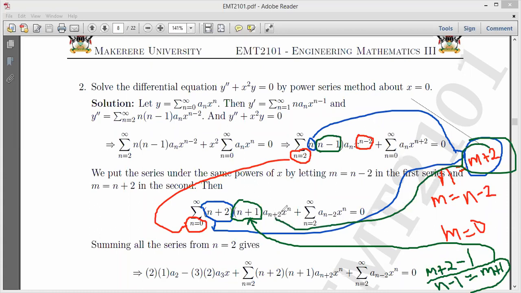Remember the m, you will substitute it back into n. That gives you this capacity here. And then you have the n, but remember the n is m plus 2, which is this one. I think you have understood that one. So if that is the case, we now have this running from 0, and we have substituted everything there. What does that become? It becomes this.